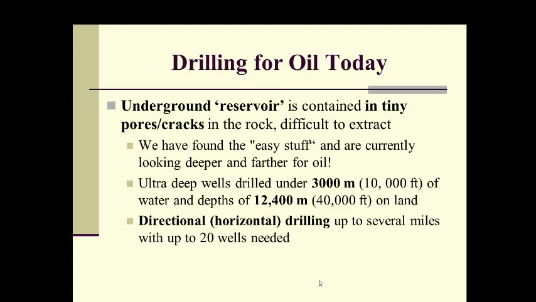That leads us to things like ultra deep wells, which are under 3,000 meters of water, or depths of 12,400 meters on land. We can also do horizontal drilling, but that requires more wells.